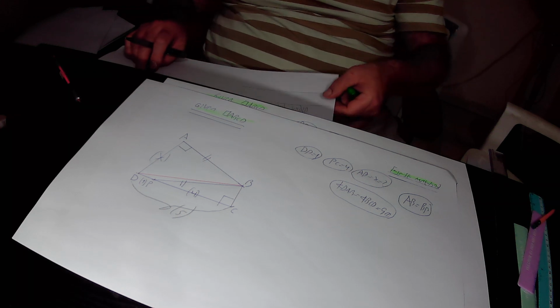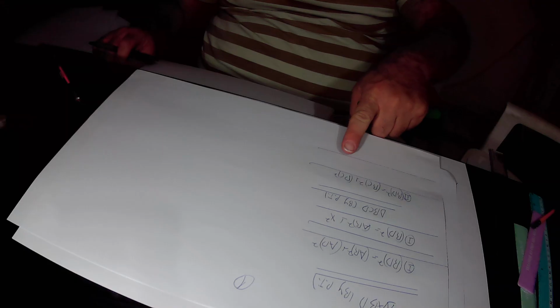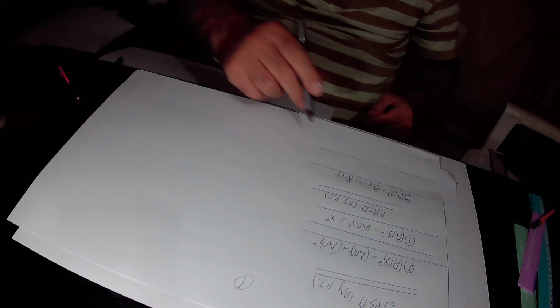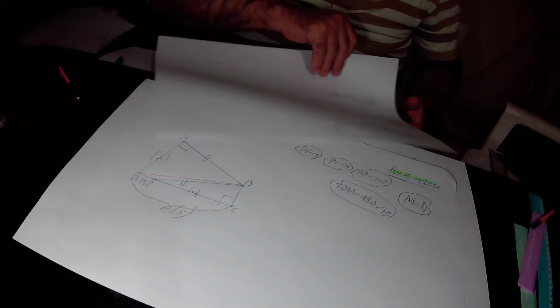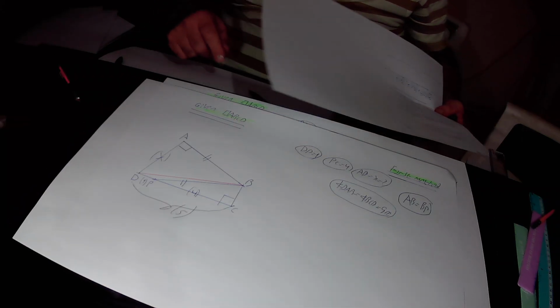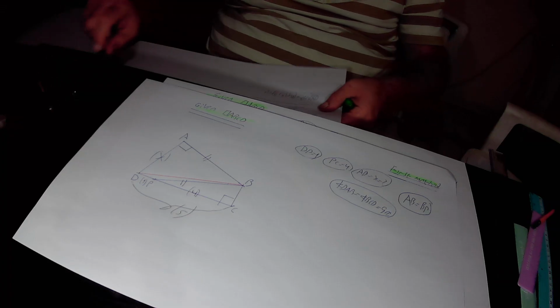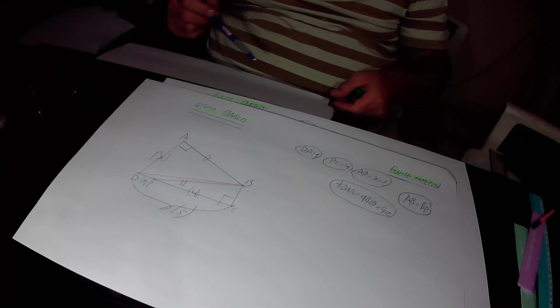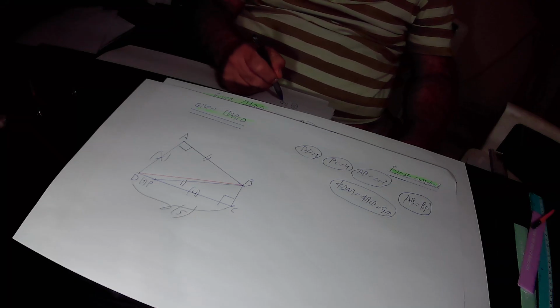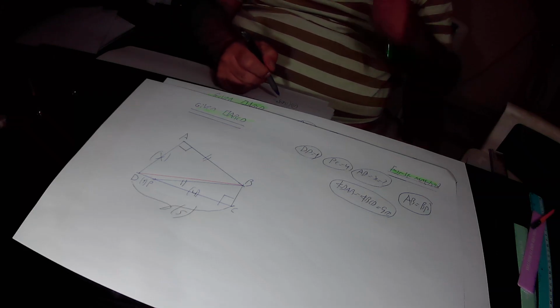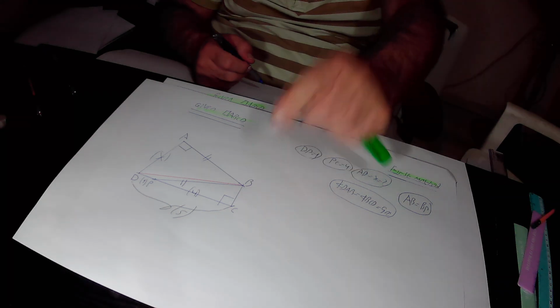So in total, according to equation 2, BD squared equals BC squared plus DC squared. BD is the missing hypotenuse, so we leave it as it is. This is BD squared equals BC squared.